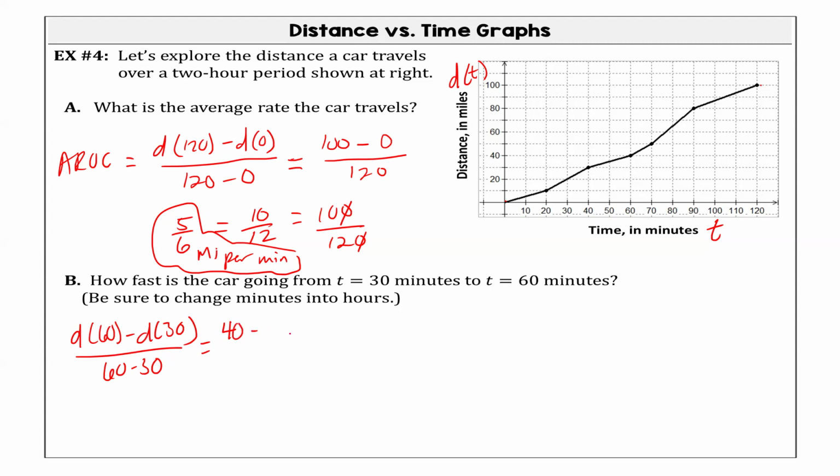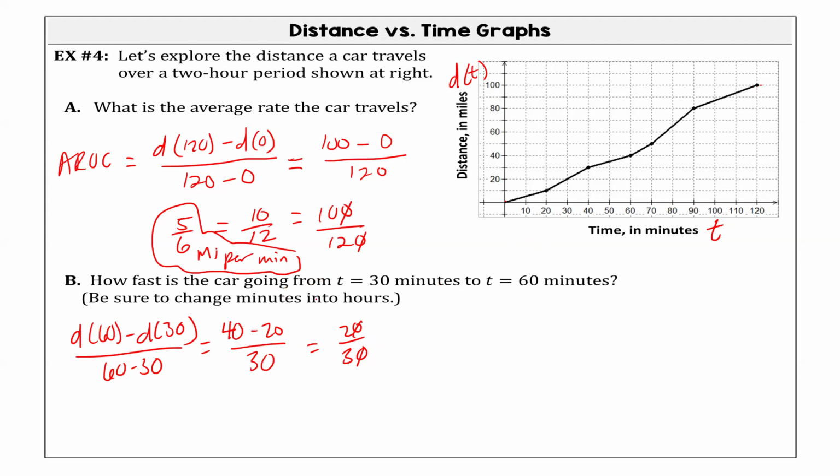D of 30 is 20. And 60 minus 30 is 30. We keep mathing. We get 40 minus 20 over 30, 20 over 30. And I can drop my zeros. And we get 2/3. So this is 2/3 miles per minute.